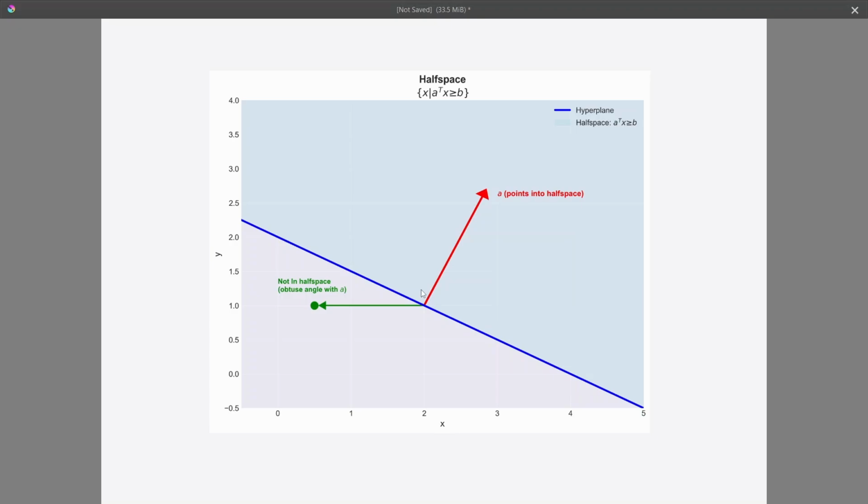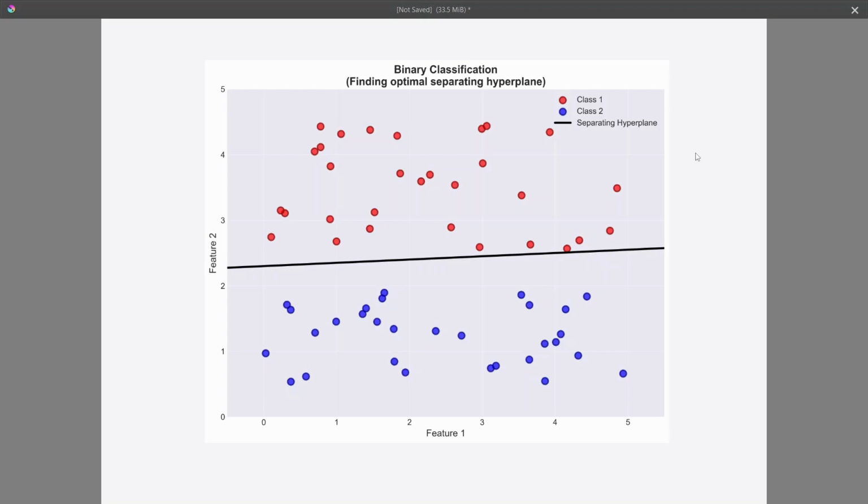Now you might be wondering, great, but how does all of this relate to machine learning? Well, to answer that question, consider the classic example of binary classification. So what your space might look like is you have the red dots, which is class 1, and the blue dots, class 2.